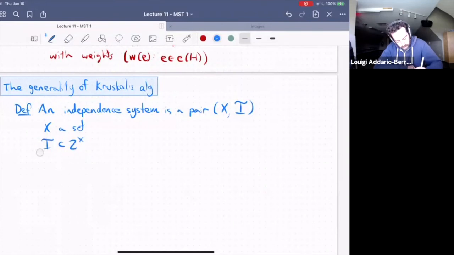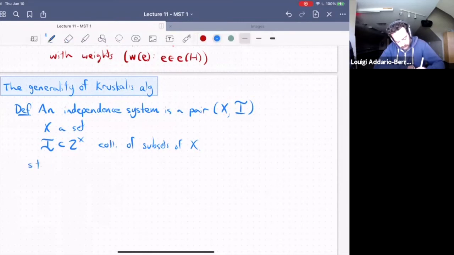So X is a set, I is a collection of subsets of X. And to be an independent system, it needs to satisfy two properties.